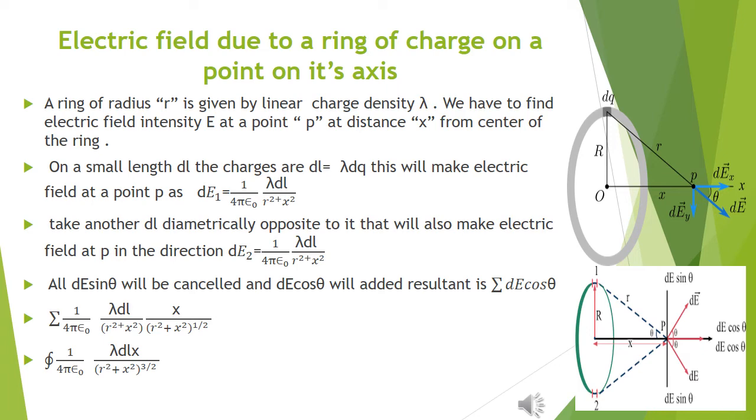If dl approaches 0 and we add all the dl, in a closed integral for the whole circle of the ring, it is 1 upon 4 pi epsilon naught lambda dl x upon r square plus x square to the power 3 by 2.